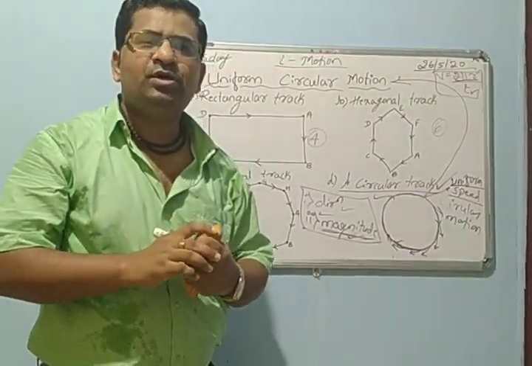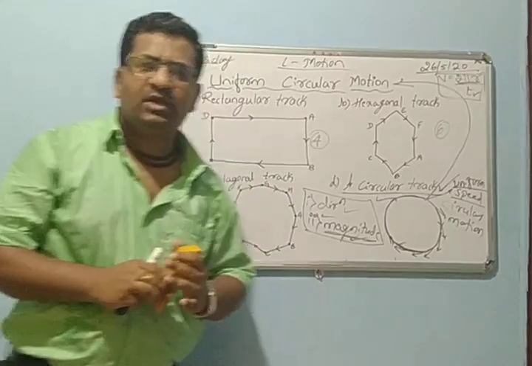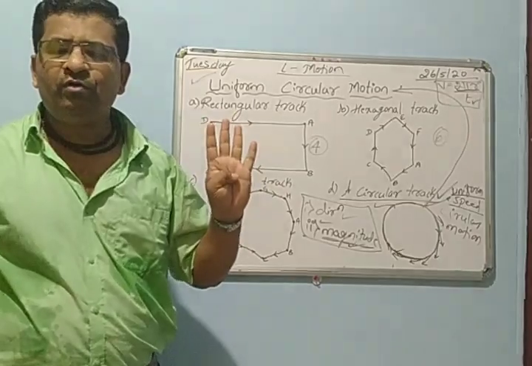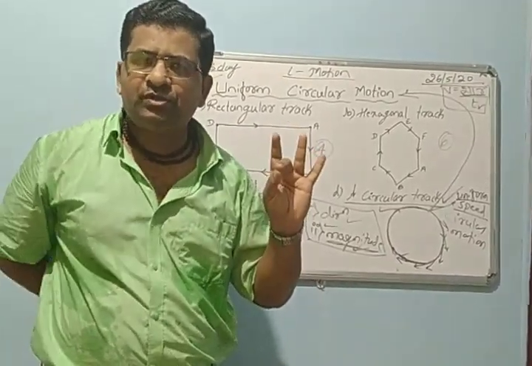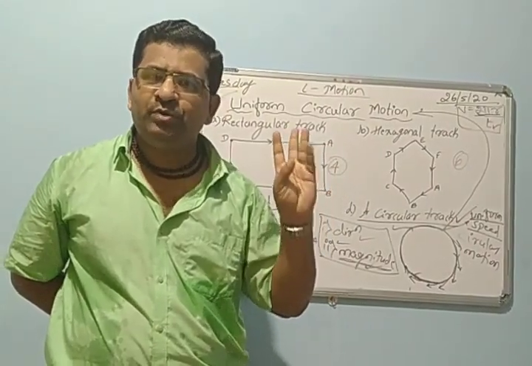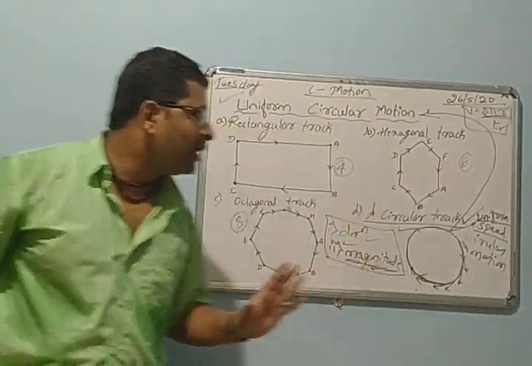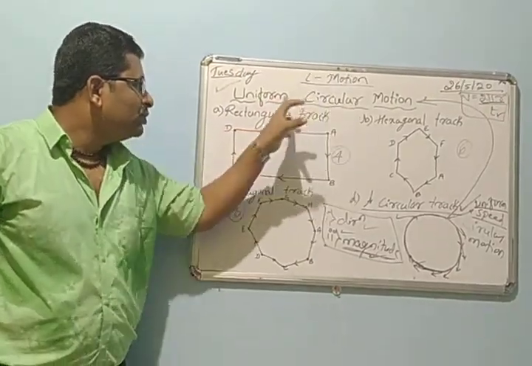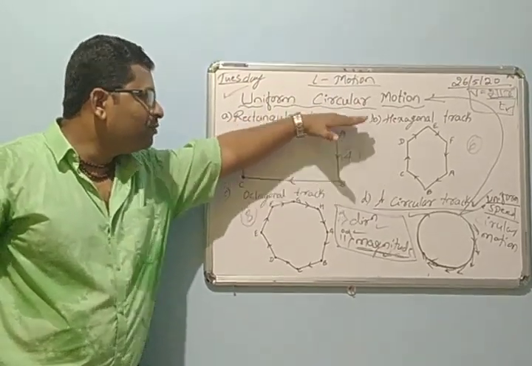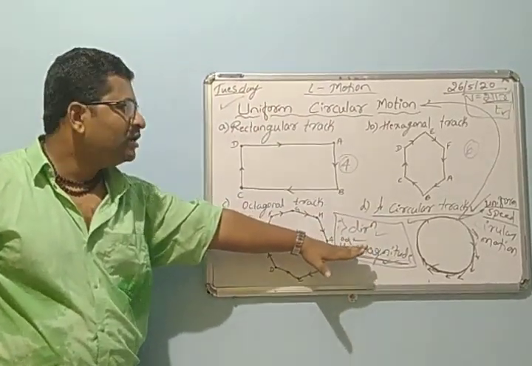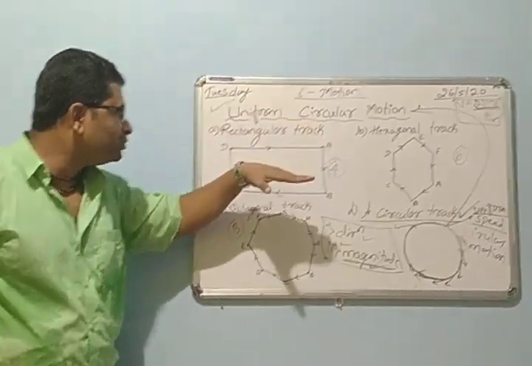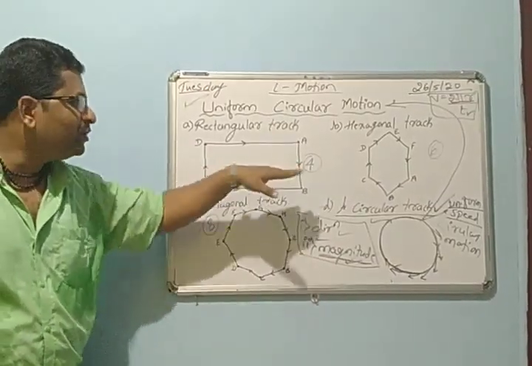Students, with this the total lesson completes, and the main discussion in this lesson is about uniform motion, non-uniform motion, equations of motion, derivations of the equations of motion, numericals on the equations of motion, and at last the uniform circular motion. This is also very important, and on what we discussed today, 1 mark and 2 mark questions will come in the exams, and you should understand and remember uniform circular motion through these four illustrations.